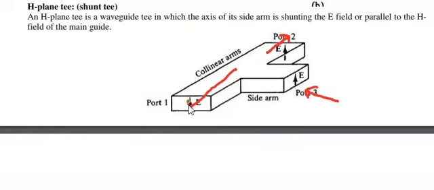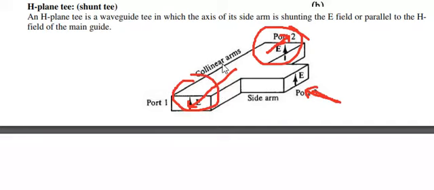Previously we discussed the E-plane junction, where the wave comes out from the ports with 180 degrees of phase shift, meaning out-of-phase waves come from port 1 and port 2. Here the difference is that in the H-plane junction, when the wave is fed from port 3, the waves out of port 1 and port 2 are in phase and of the same magnitude.